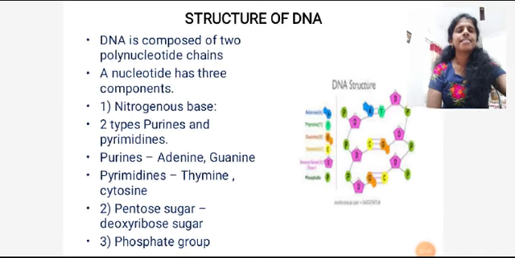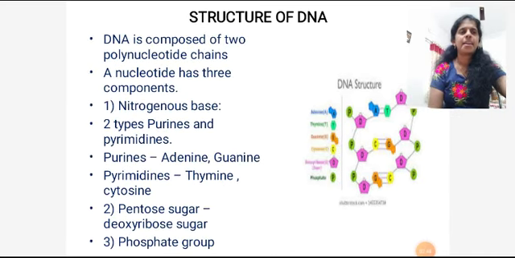Here we can see the structure of DNA. DNA is composed of two polynucleotide chains. What are the major components in a nucleotide? The main components in a nucleotide are a nitrogenous base.